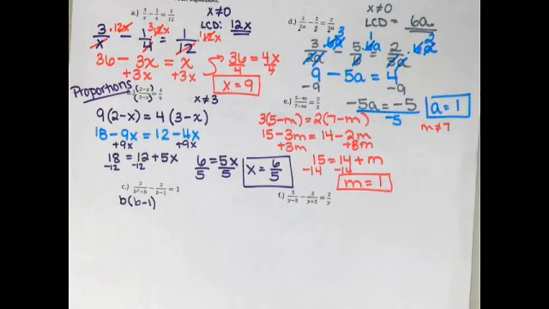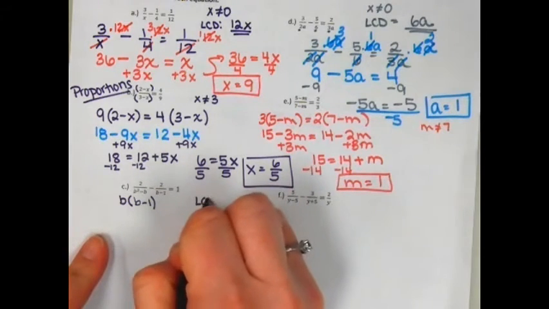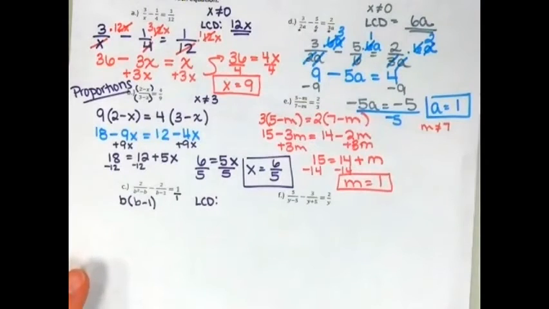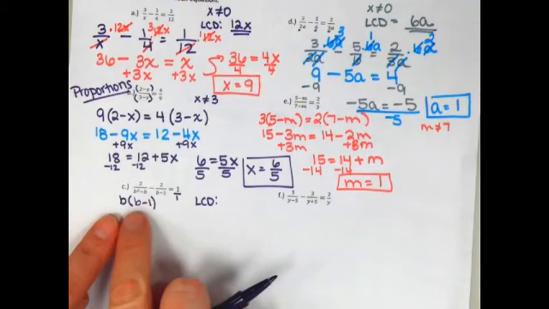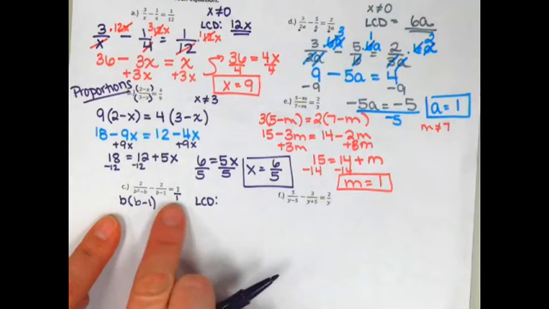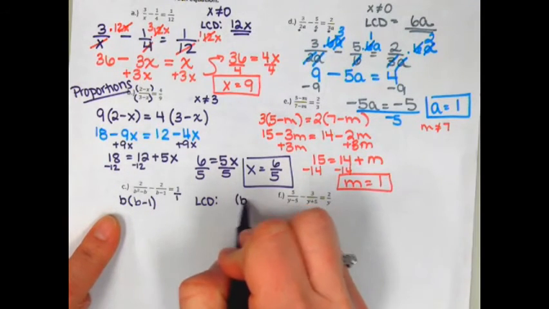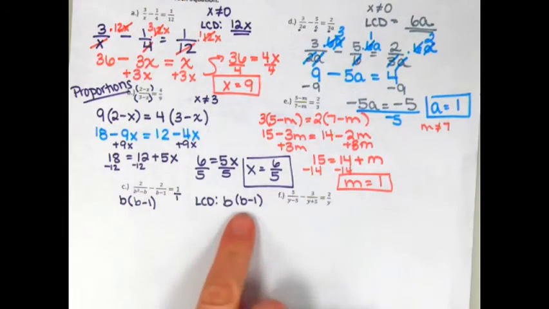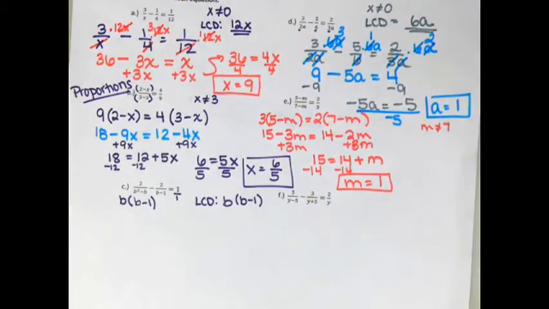So now, for my least common denominator, this is 1 over 1, right? What do we see in common between all three fractions or denominators? B minus 1, and then what is left over? Just a b. So this is my least common denominator. Is everyone okay with that? Okay. Now, what can't b equal?